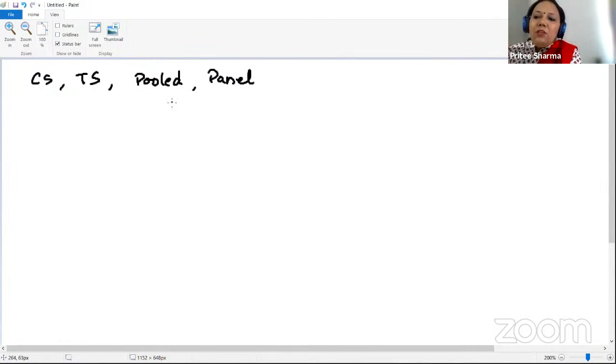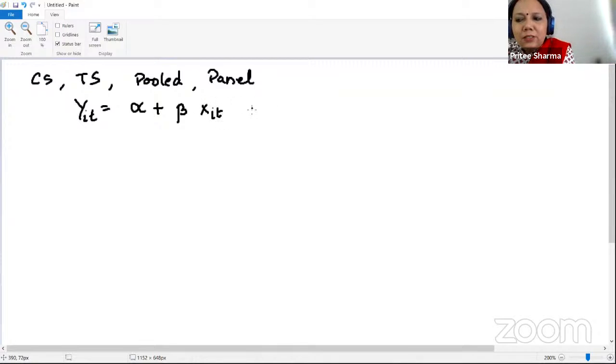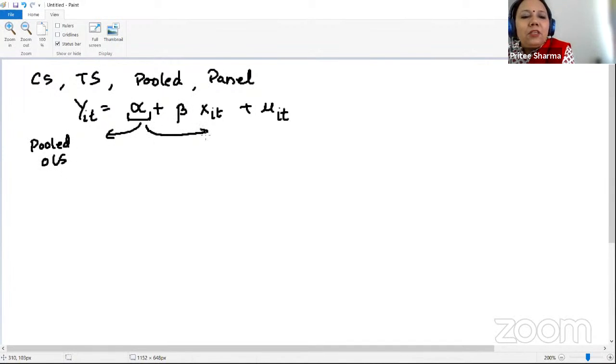Then, in our equation Y_it is equal to alpha plus beta X_it plus error term, we have seen that if our alpha is assumed to be constant, then we are going to do the pooled OLS. And if it is different, then we were going to use either the fixed effect model or the random effect model.